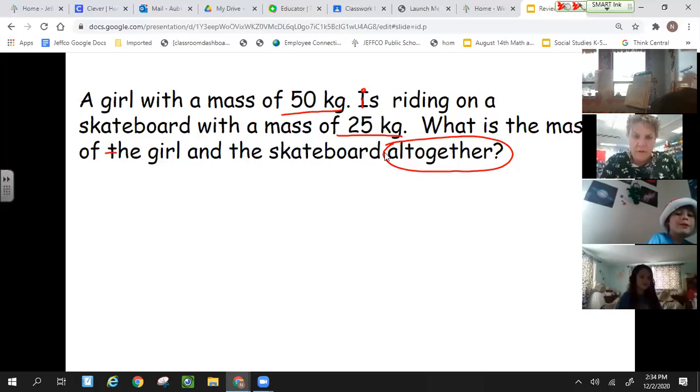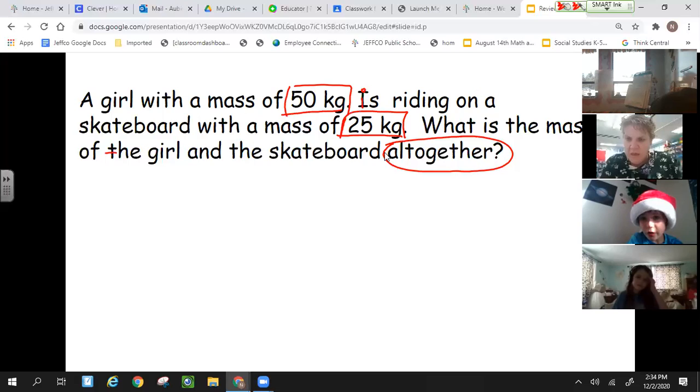But why are we not going to multiply? What do you notice about our numbers? Are they the same number, Astria, in equal groups? No. No, they're different, right?